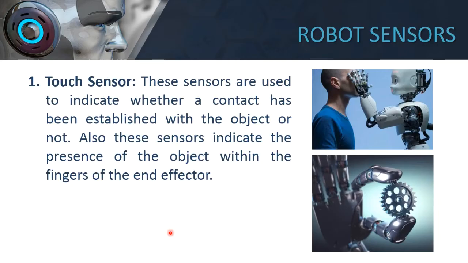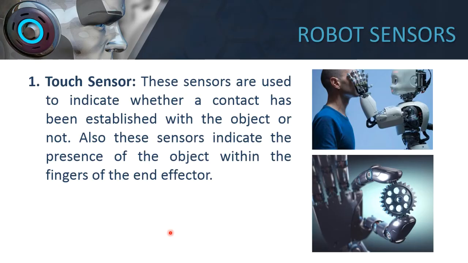Touch sensors. First, I will be explaining the contact type of sensors, and then I will be moving on to non-contact type of sensors. So the first one is the contact type. The first one which comes under contact type of sensor is a touch sensor. You all have skin which acts as a sensor. When you touch a particular product or a material, you will understand what type of object it is.